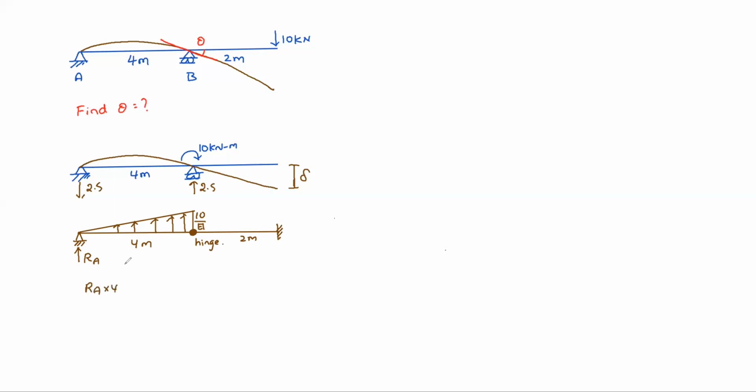Of course, RA will be in downward direction. Okay, RA into 4 clockwise equal to half into 4 into 10 by EA. So RA equal to, 4 and 4 gets cancelled, 10 by 2 means 5 by EA is the RA.